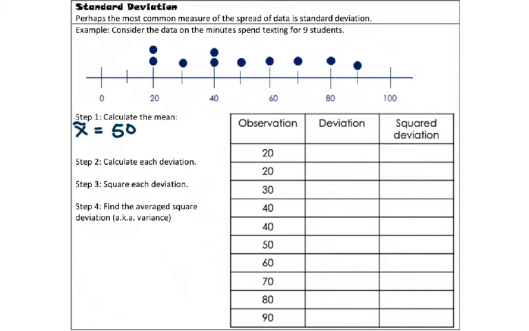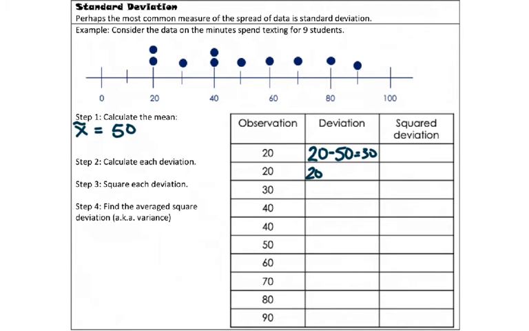Alright, so we're going to calculate each deviation. What I mean is, we observed 20, but we know that 50 is the mean. You can do this positive or negative. So 30, I mean, it's technically negative 30, but we're always going to make it positive anyway, so I'm just going to put 30.